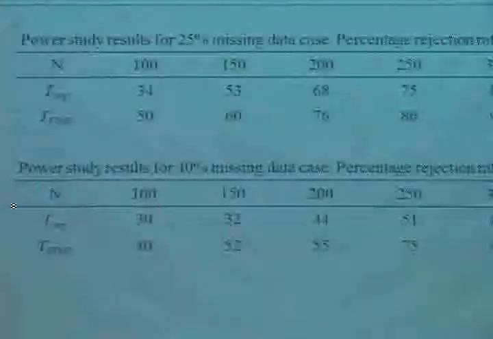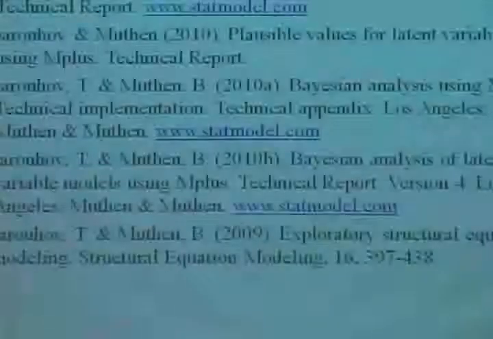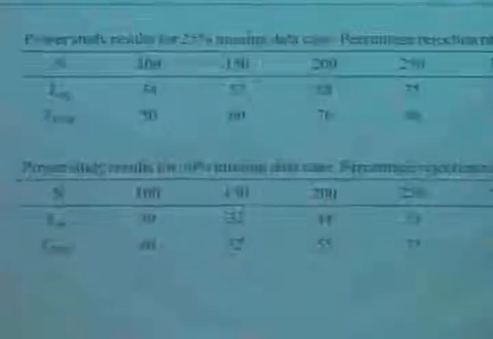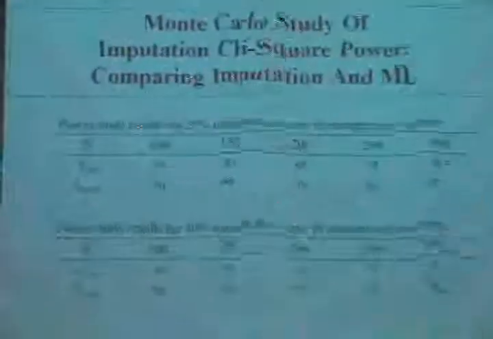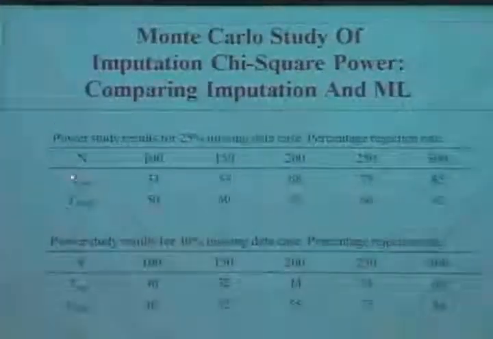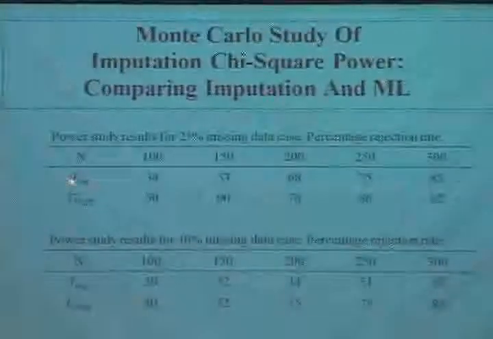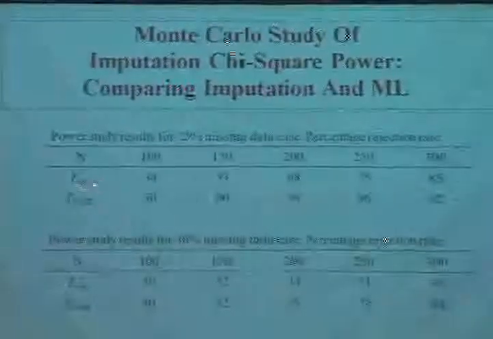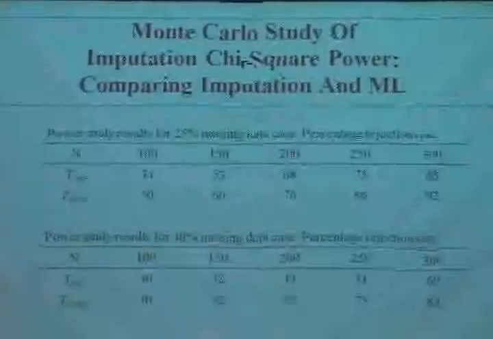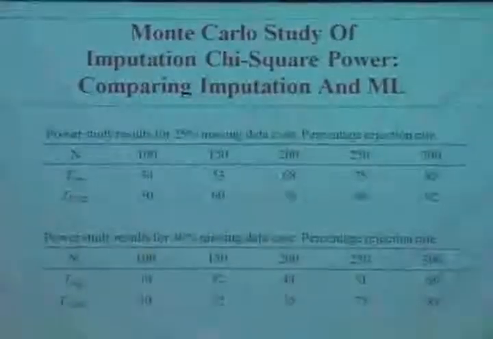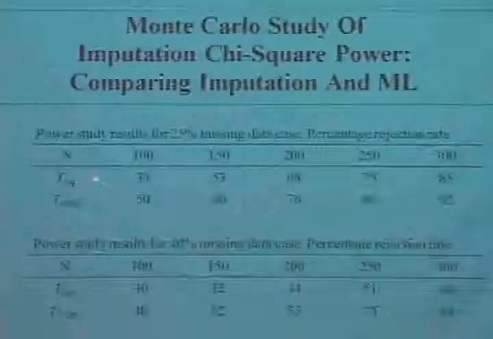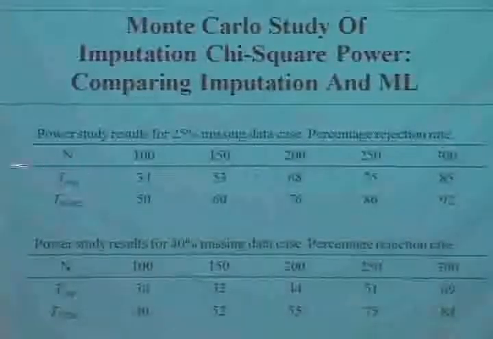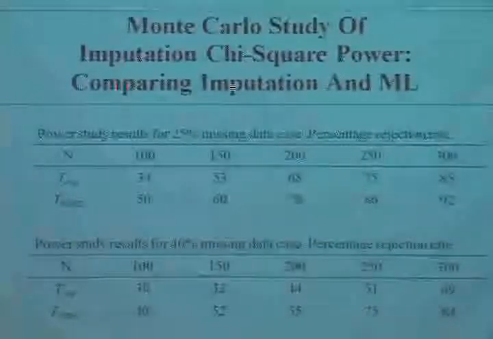Okay, this is our final slide. What we wanted to know with this simulation study is whether this new chi-square is powerful enough, because it doesn't reject as much, as we saw on the previous slide. We wanted to make sure it's still powerful enough to be useful. We compare this method against the full information analysis of the missing data.